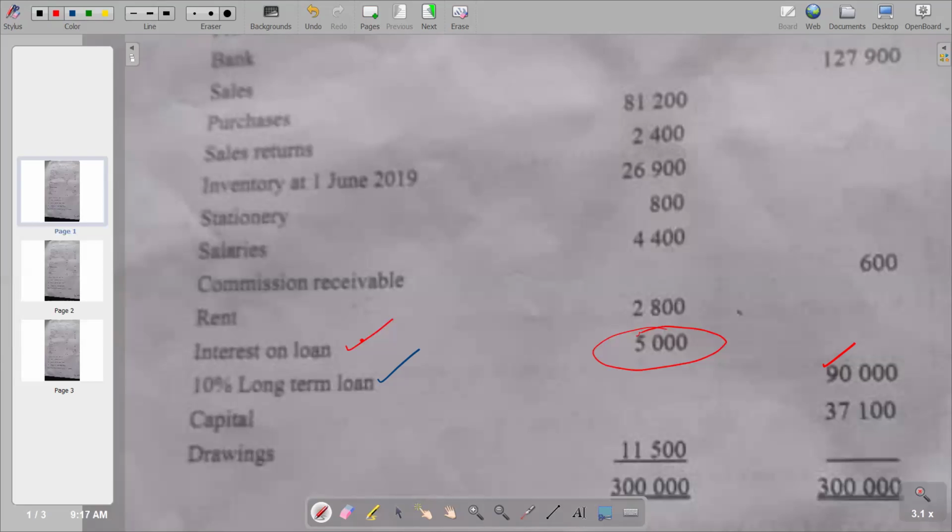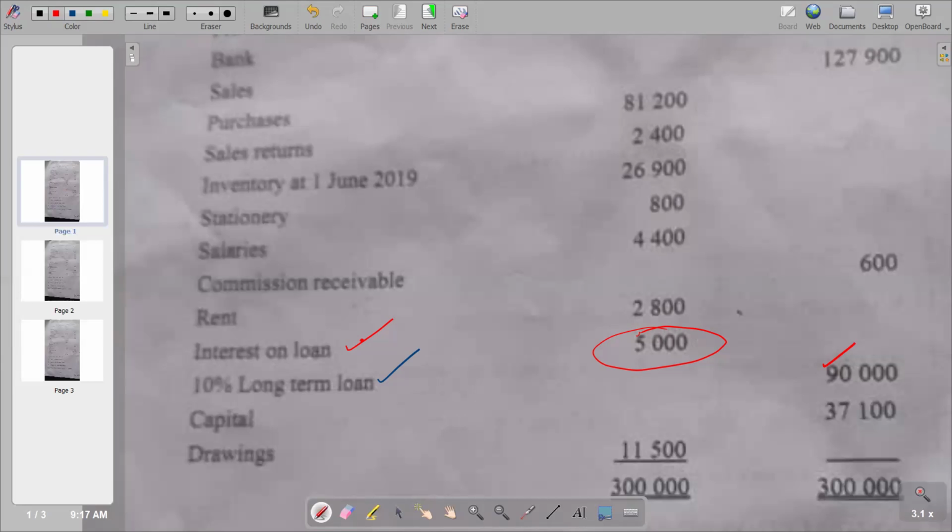So with that, we can now see the difference between the interest on loan that we are given there and the interest on loan that should be recorded for the period. So what we are saying is the matching principle says what belongs to the current year should be recorded in the current year. And what does not belong to the current year should not be recorded in the current year.